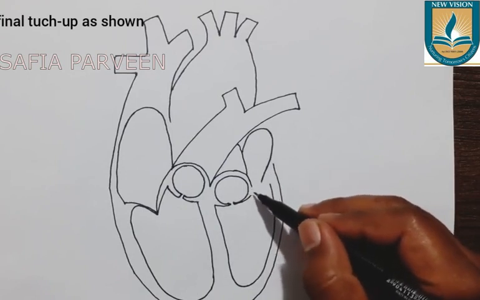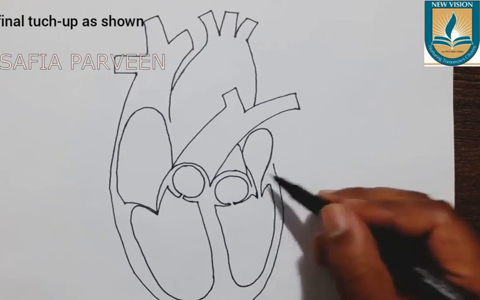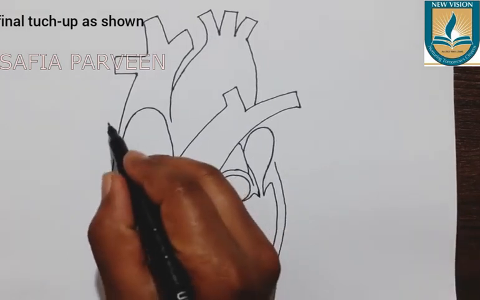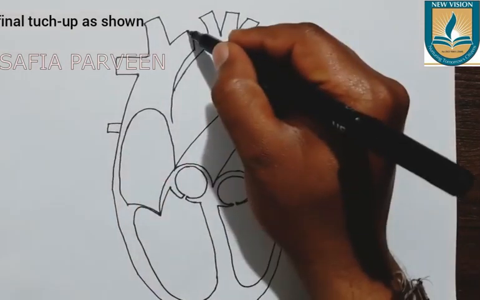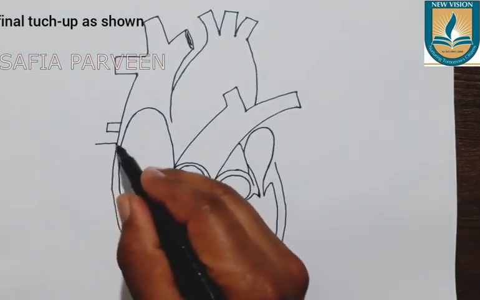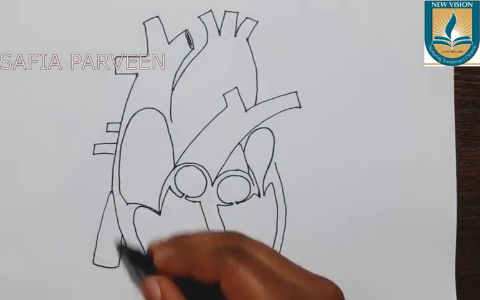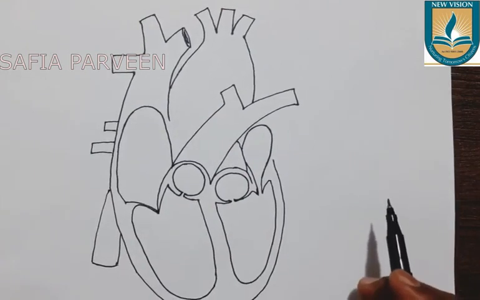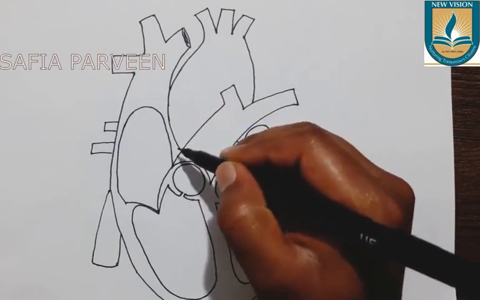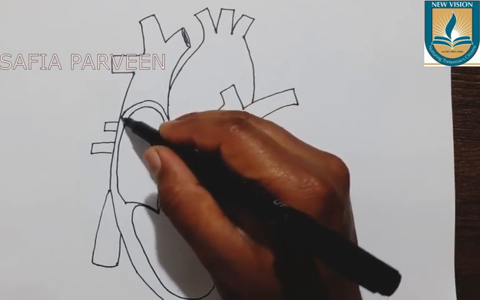Slowly, I think you can see the shape, children. One by one you need to draw the blood vessels. Just follow the steps. This is a simple technique to draw these blood vessels. So on this side also we need to draw this blood vessel.